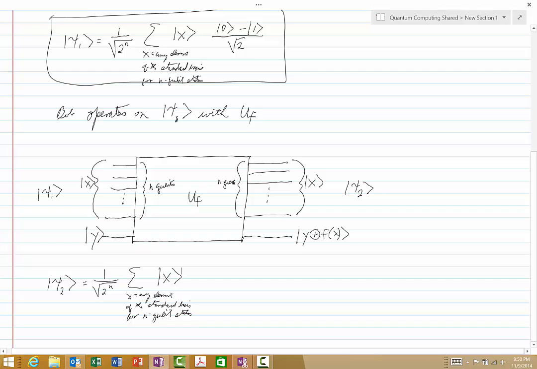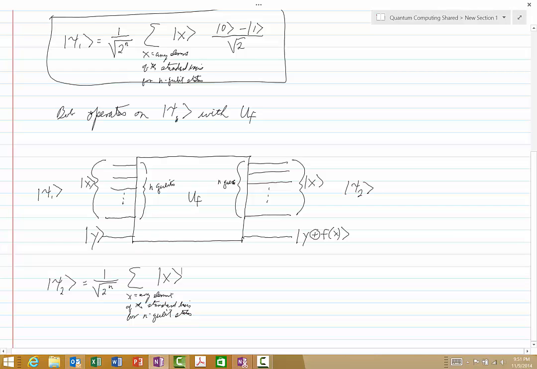And of course, remember, in each case, we're multiplying by 1 over square root of 2 to the n, so all of them are normalized. But the point here is that regardless of which one we input, this holds true: the first n qubits of the output will match the first n qubits of the input.